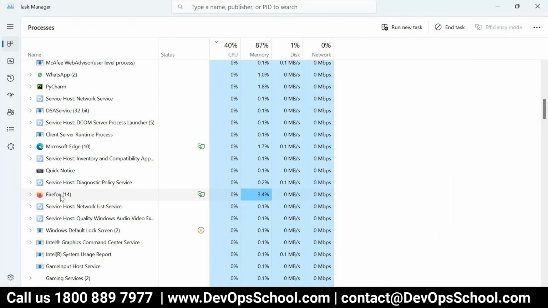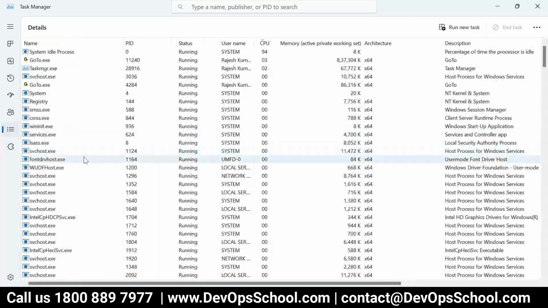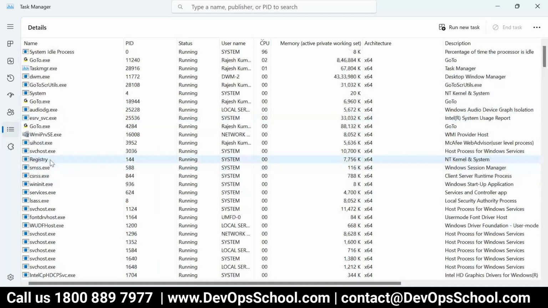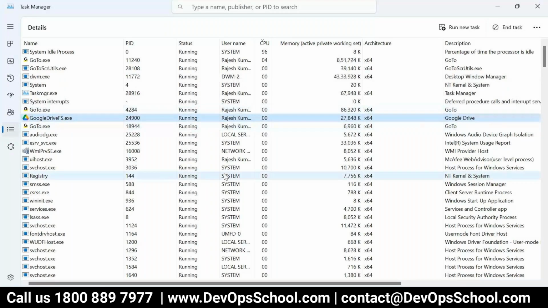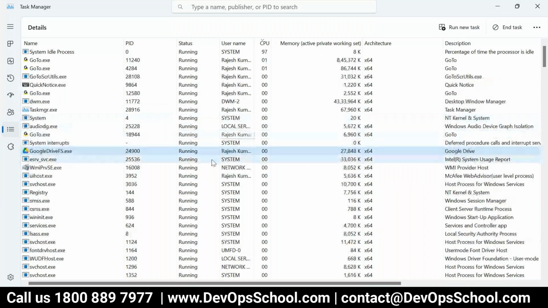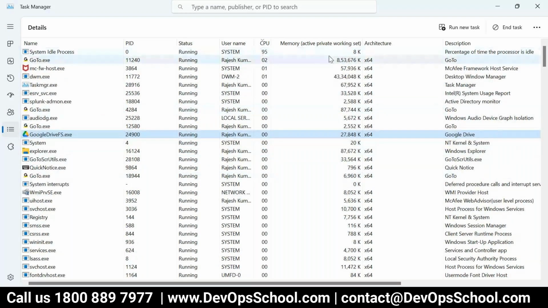If you go to the detailed one, see here. Let's say I'm running the meeting right now, or let's say Google Drive. This is the user process. You see here, Rajesh Kumar is running. So how will this process get RAM? Here you see CPU allocation and memory allocations. How will they get it?